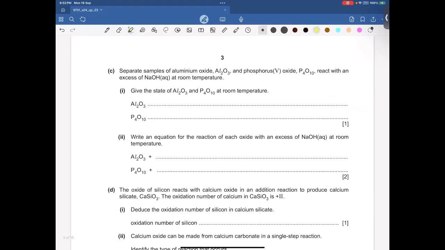Part C. Separate samples of aluminum oxide and phosphorus(V) oxide, which is P4O10, react with an excess of NaOH at room temperature and pressure. By the way, aluminum oxide is an amphoteric oxide, whereas phosphorus(V) oxide is an acidic oxide.